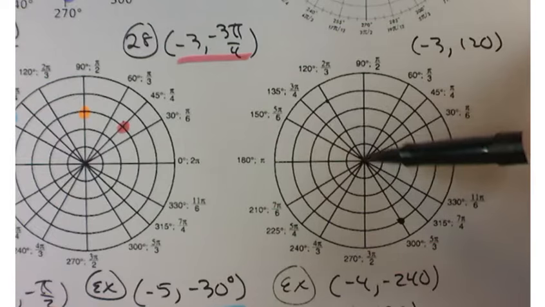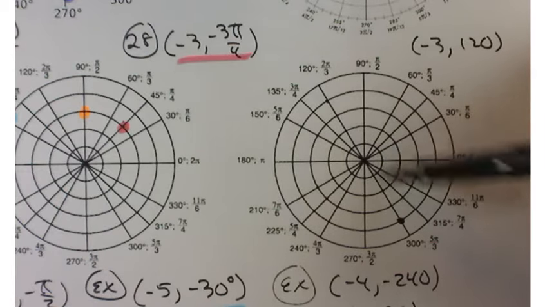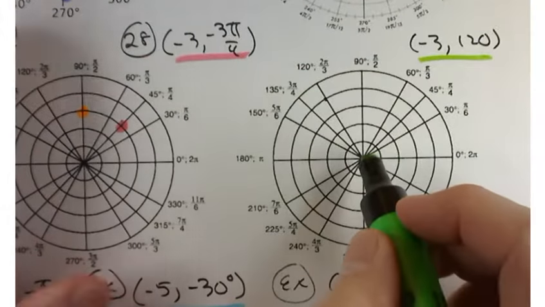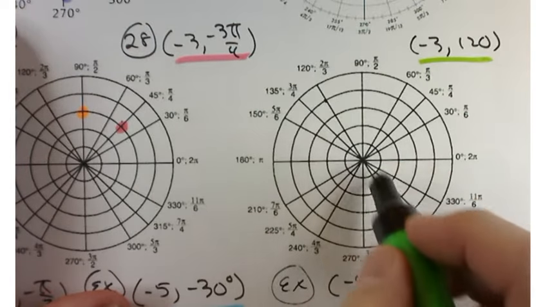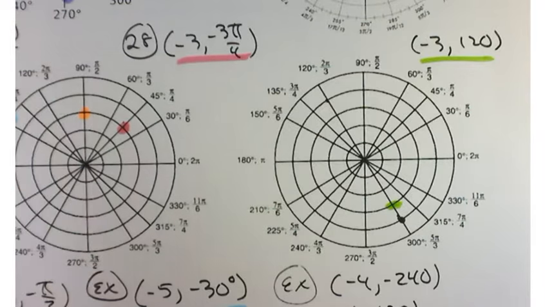Instead of moving out this direction for a positive 3, I'll move this direction for a negative 3. So that last one here, let me get a different color. That one would be, instead of out here, it'd be down here. Okay, Jude?